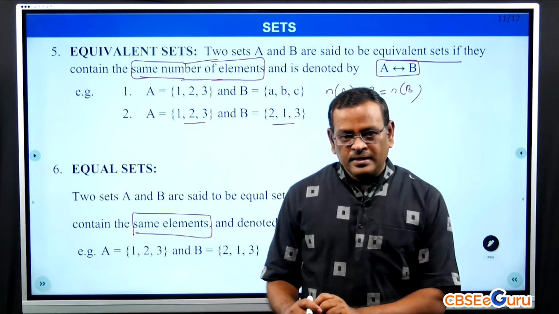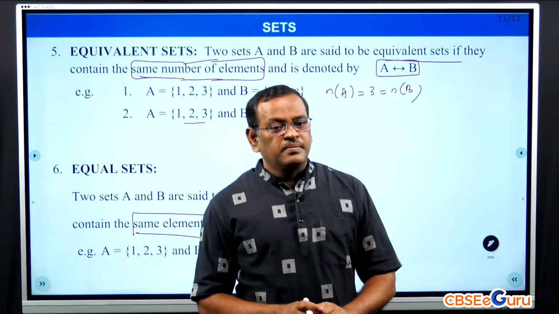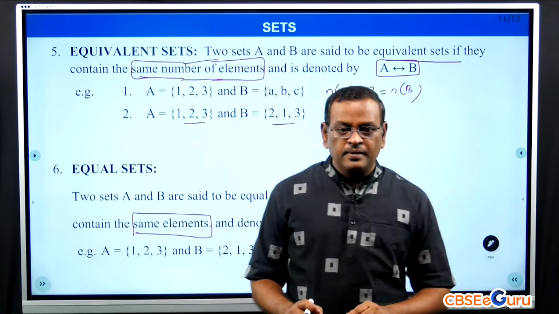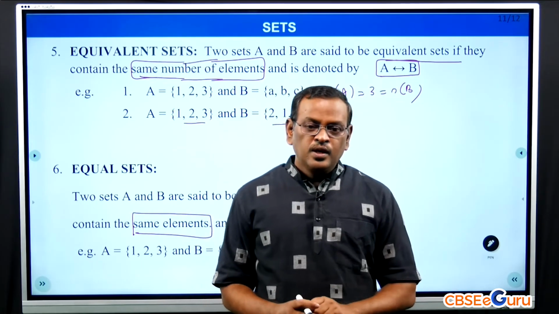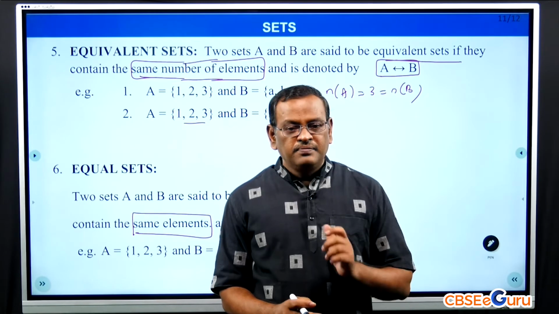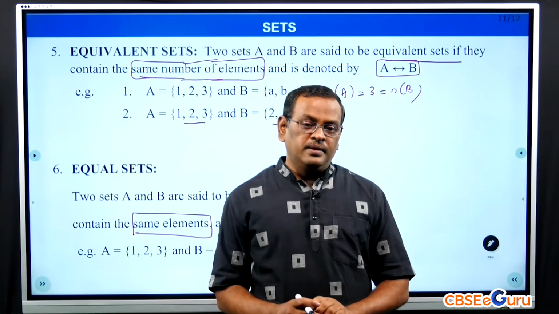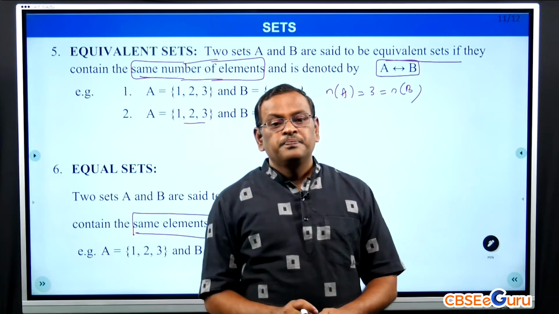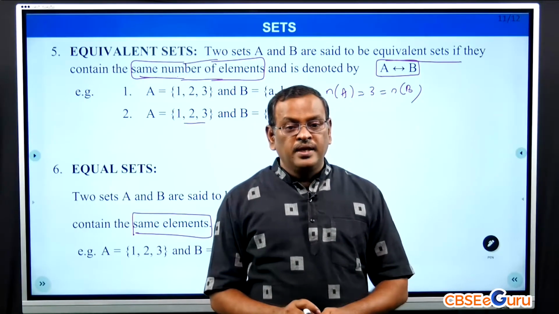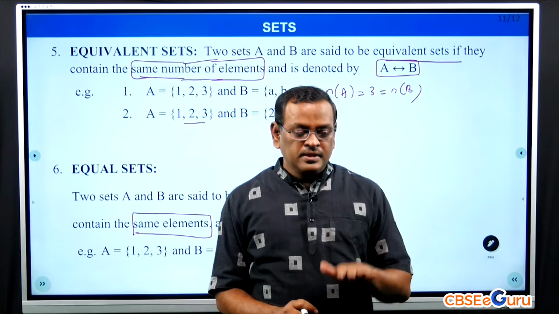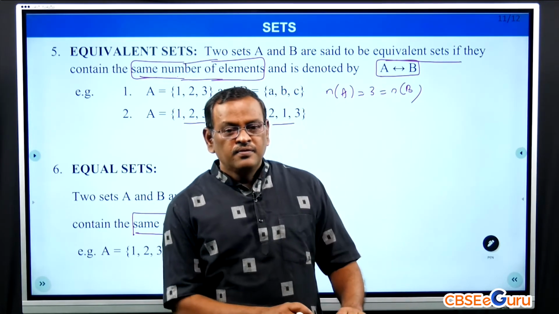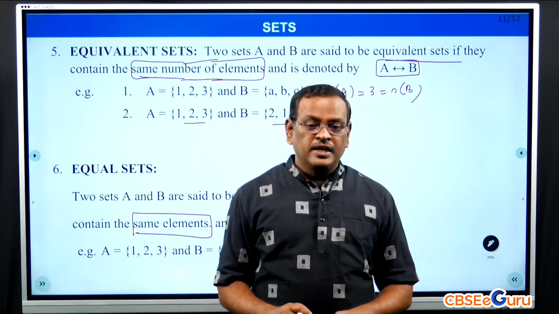Third, finite set, a set which contains a finite number of elements, otherwise it is called an infinite set. And type 5, equivalent sets. Two sets are said to be equivalent if they have the same number of elements. And the sixth type, two sets are said to be equal if they have the same elements. That is very important. So this is the first category of types of sets.